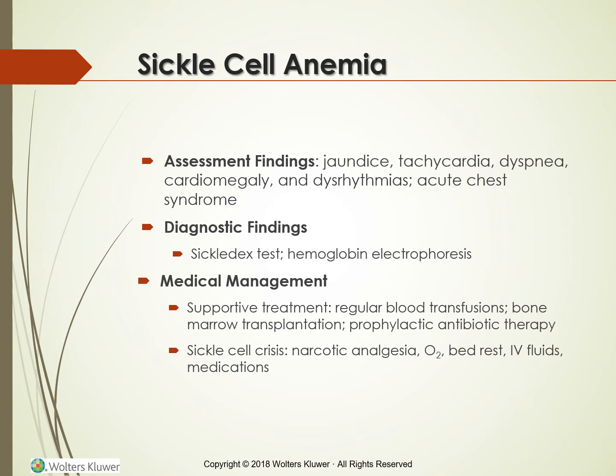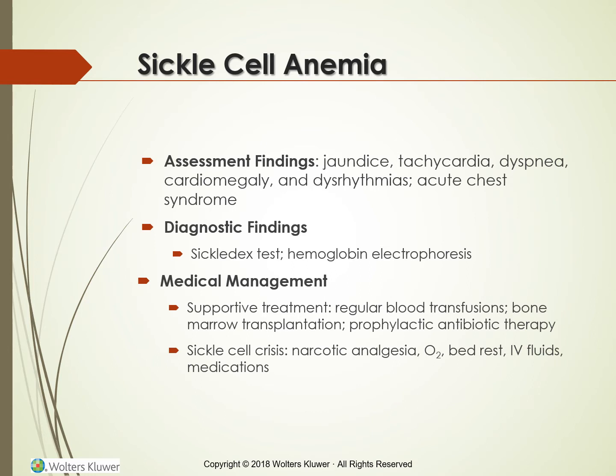During sickle cell crisis, clients are given narcotic analgesics on a scheduled basis or can self-administer them using an IV pump. As an alternative to narcotic analgesics, synthetics such as Buprenex and Nubain may be prescribed. Oxygen is given to relieve hypoxemia. The client must remain on complete bed rest, be hydrated with IV fluids, and may be given blood transfusions.